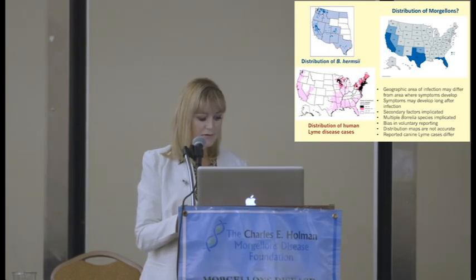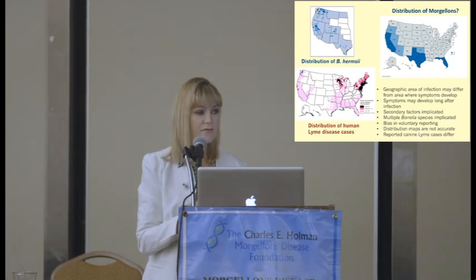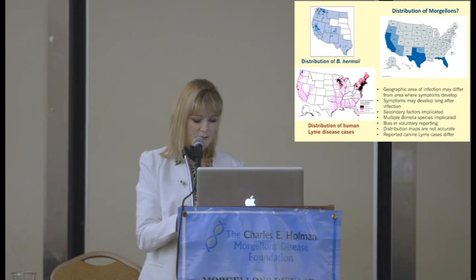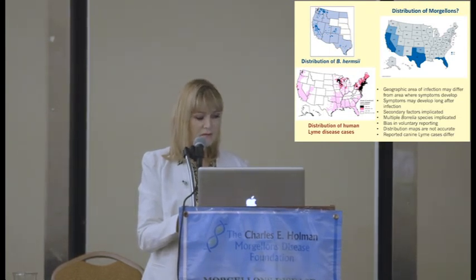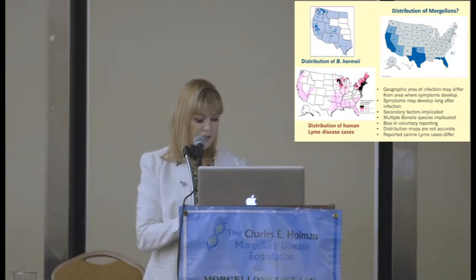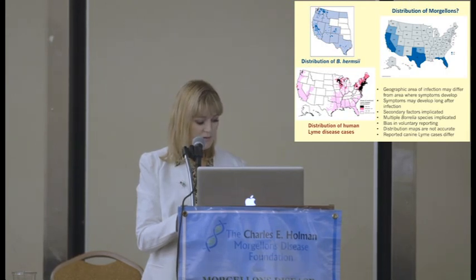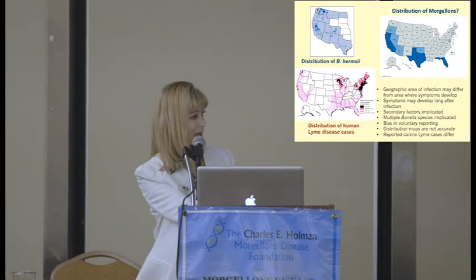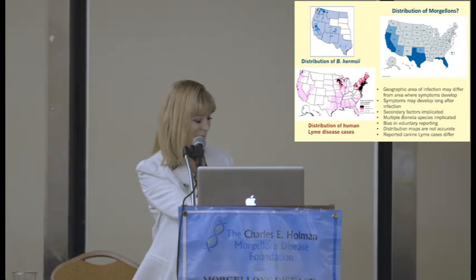There's more evidence of causality if the focus of known infection is the same as the focus of the effect. In the case of Morgellons, we don't know much about the incidence rate or the geographical distribution. The now defunct Morgellons Research Foundation reported in 2012 that most of the self-reported cases occurred in Florida, California, and Texas, which I've colored in dark blue.